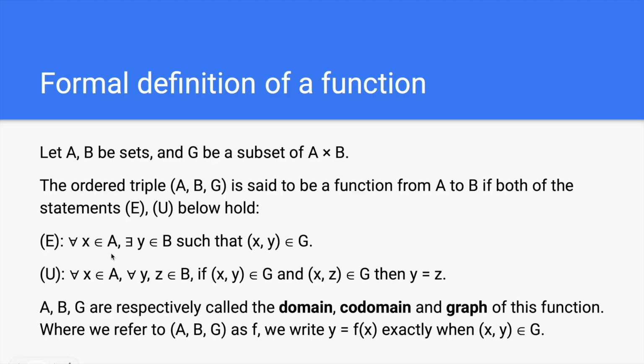E: For any x in A, there exists y in B such that (x, y) belongs to G. U: For any x in A, for any y, z in B, if (x, y) belongs to G and (x, z) belongs to G, then y is equal to z. A, B, G are respectively called the domain, codomain, and graph of this function. When we refer to (A, B, G) as f, we write y equals f(x) exactly when (x, y) belongs to G.